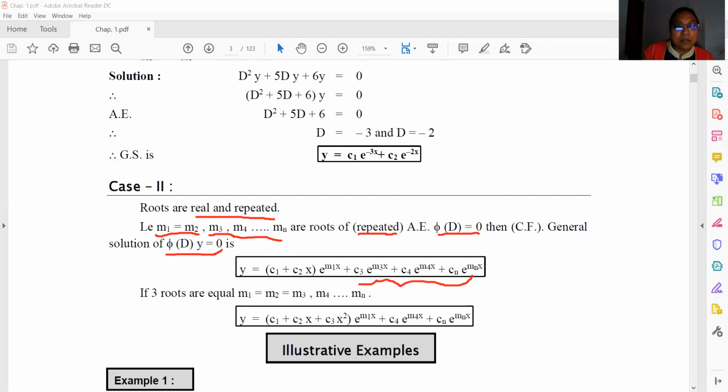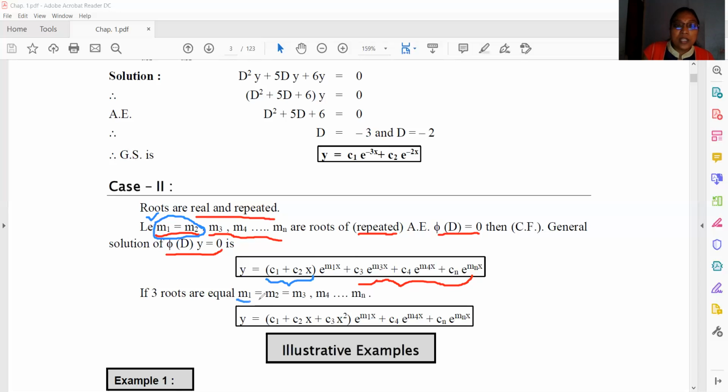But for these repeated roots, what to do here? The root is repeated 2 times, right? So 2 constants we have to use, c1 plus c2x, okay? As the roots are repeated 2 times, we'll use 2 constants, c1 plus c2x, into e raised to m1x, the value of that root, e raised to m1x.